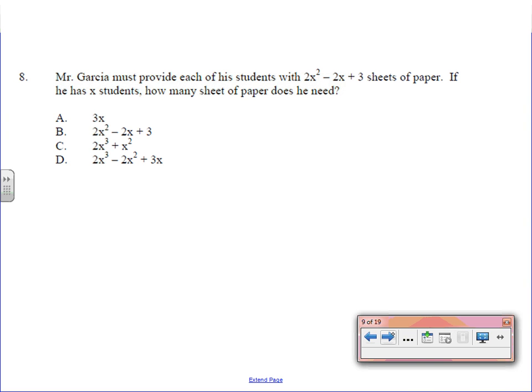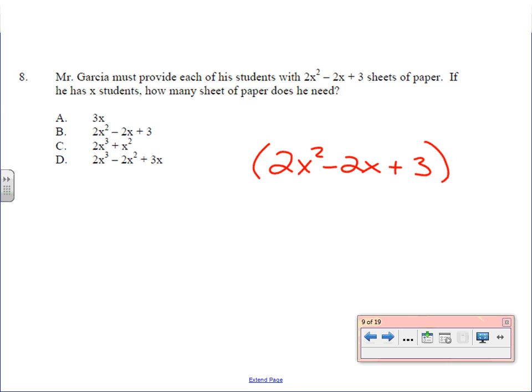We're going to multiply how many sheets each one needs, which in this case is 2x squared minus 2x plus 3. We're going to take that and multiply it with the number of students, which in this case is x. So we're going to multiply those two things together. And all we're going to do multiplying is use some distributive property.